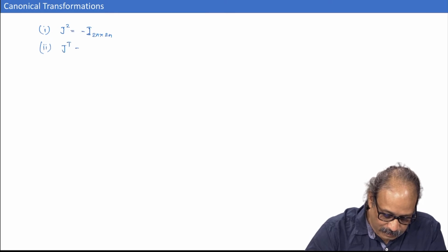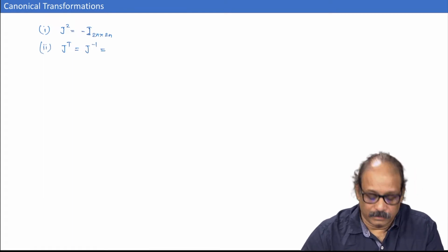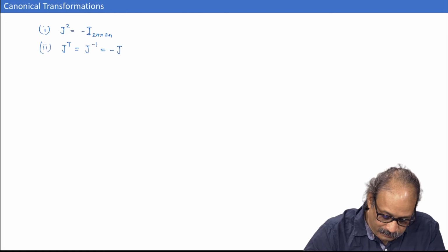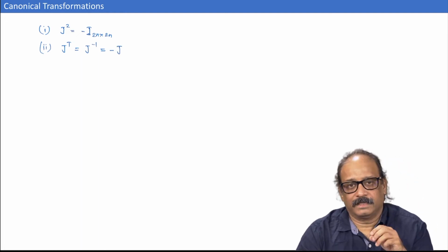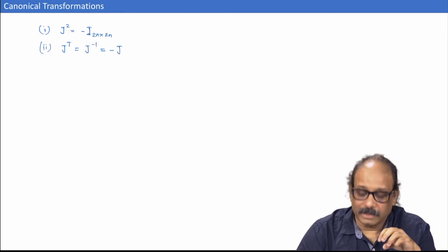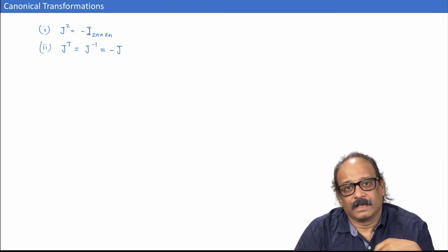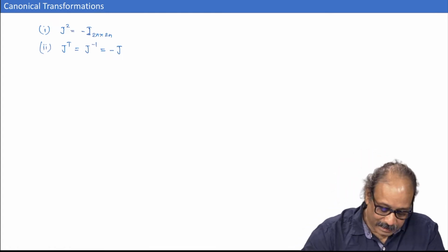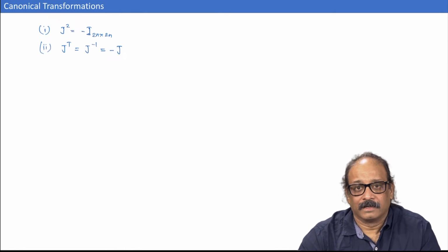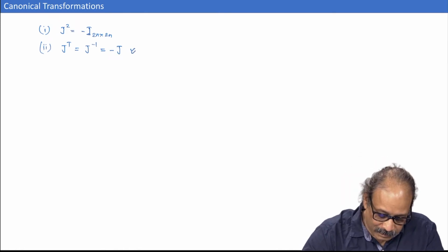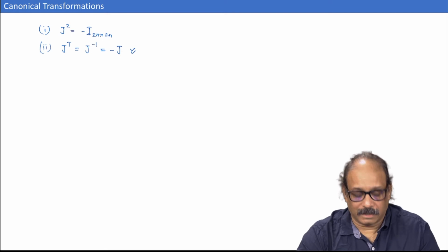J transpose, which is also equal to J inverse, is equal to minus J. This is very easy to see. If you look at the structure of the J matrix, it is antisymmetric. And then a simple calculation will verify that J inverse must also be equal to J transpose.